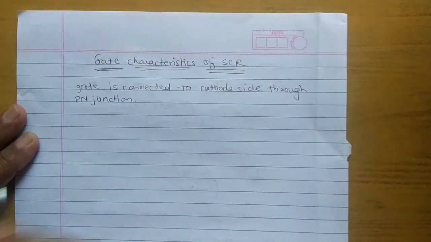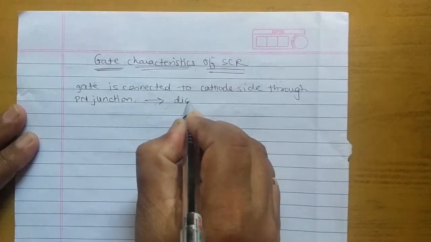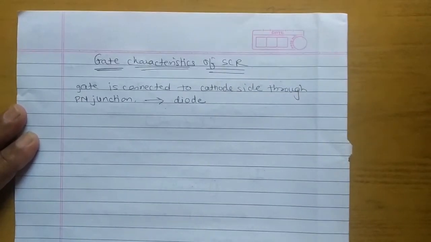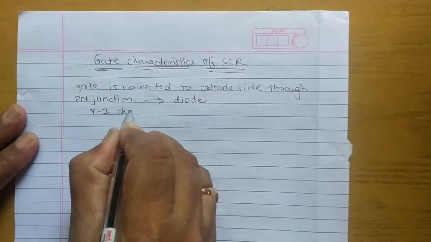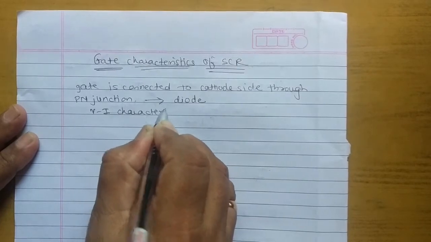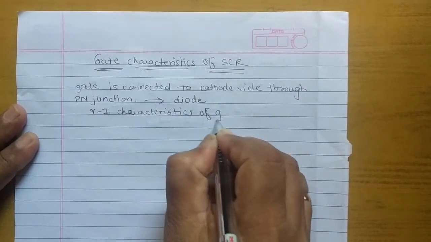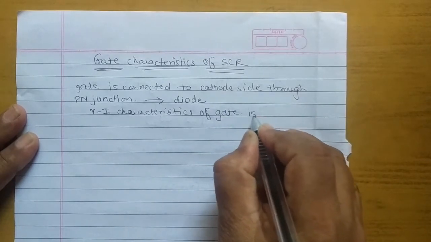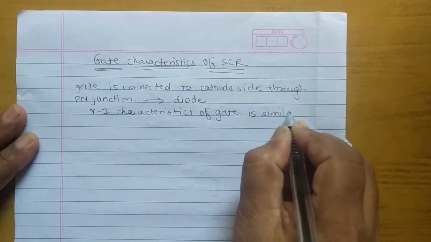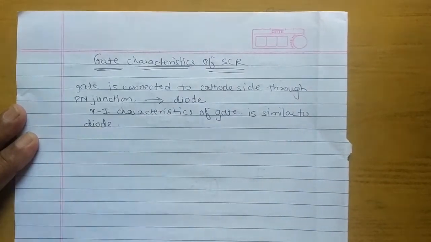Because of this it builds up the diode. So the VI characteristics of gate is similar to diode. I can say that it's near about similar to diode.